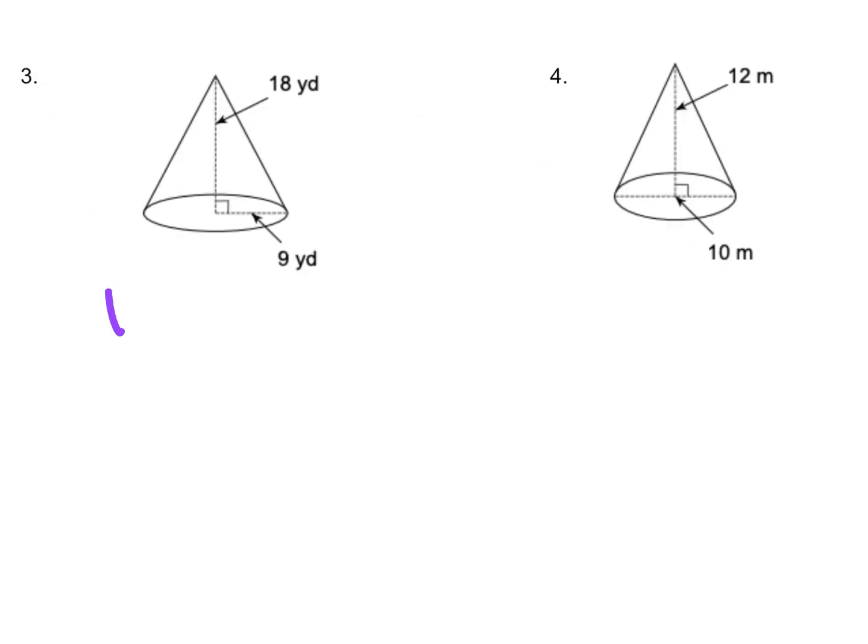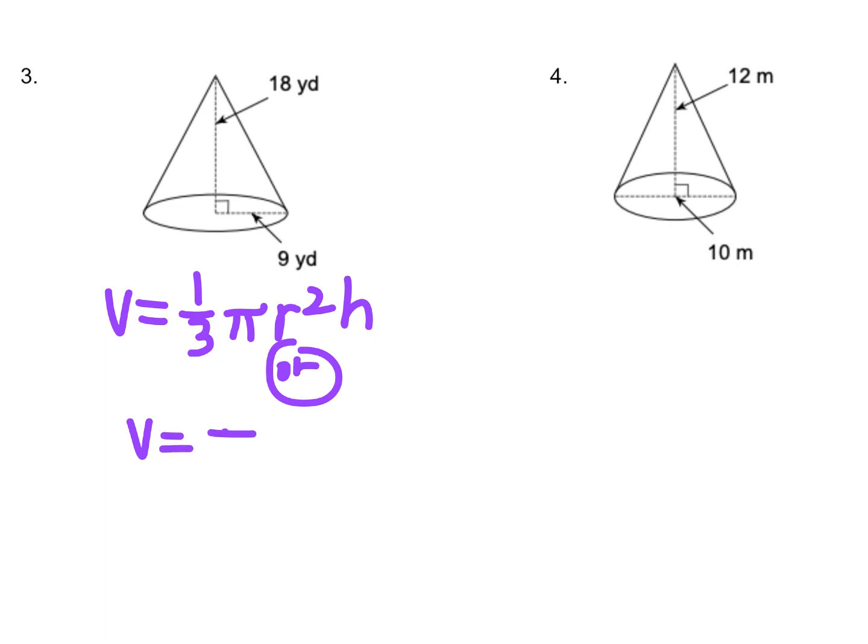Next, we have a cone. The formula to find the volume of a cone is V equals one third pi r squared h, or you may have seen V equals pi r squared h over 3, just find the volume of the cylinder and then divide that by 3.